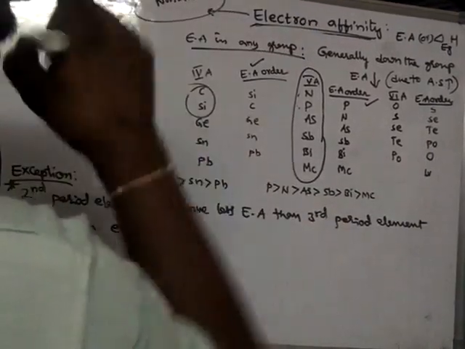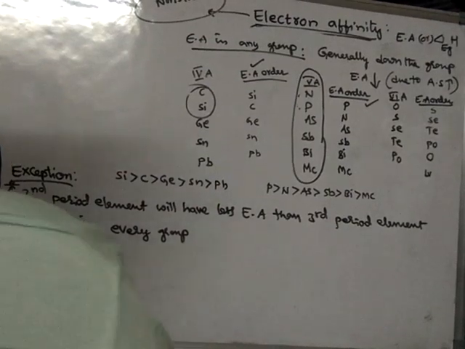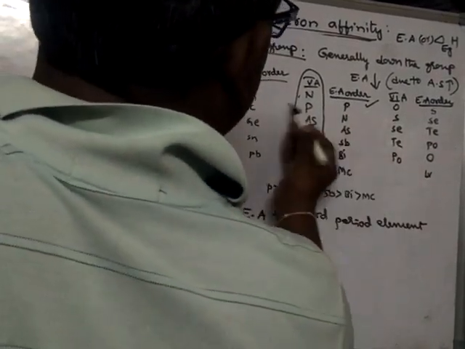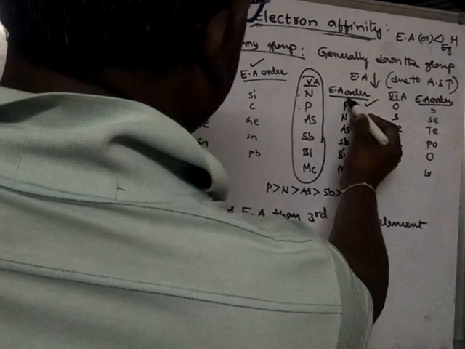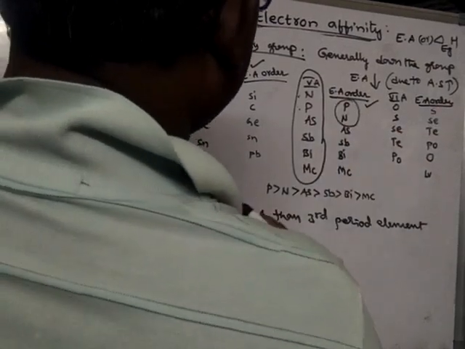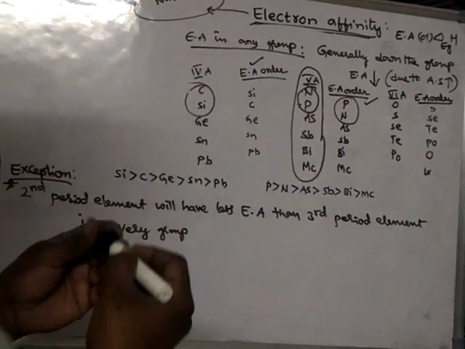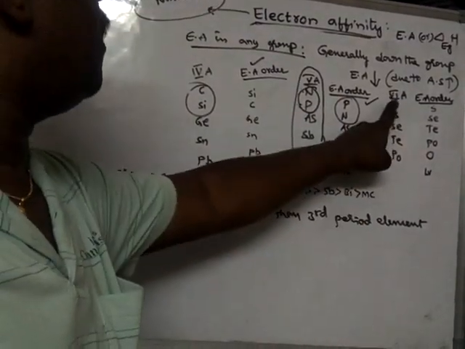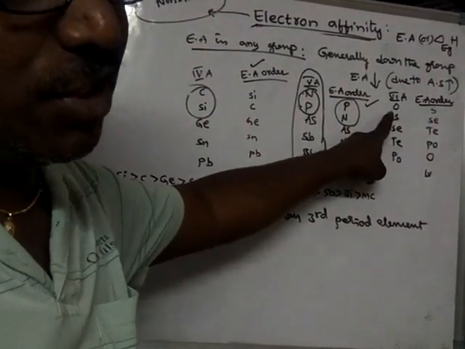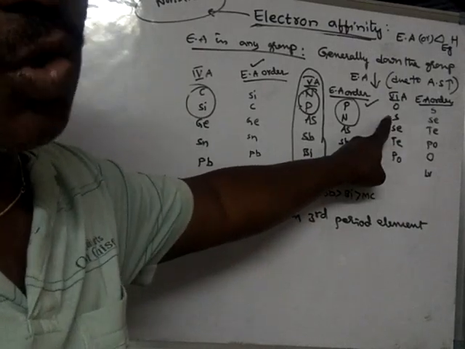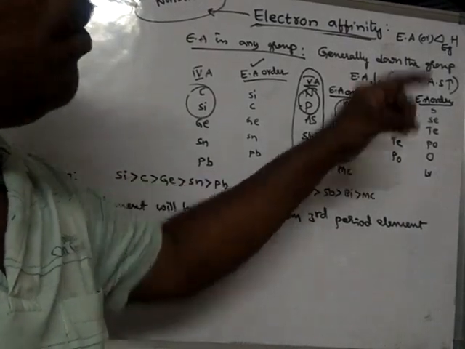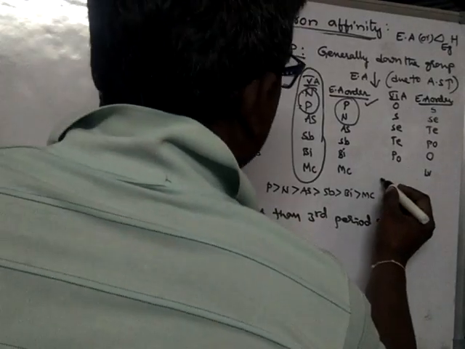So this is the order. In other cases, there is simply an exchange between the second period element and third period element. But sixth A group elements are also called chalcogens.